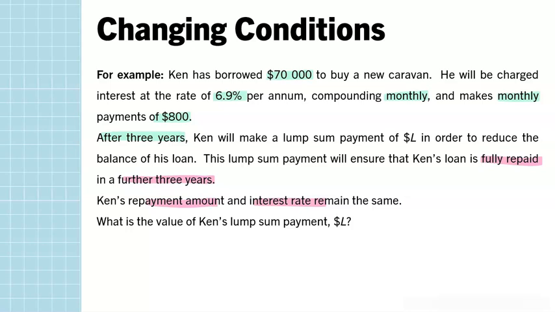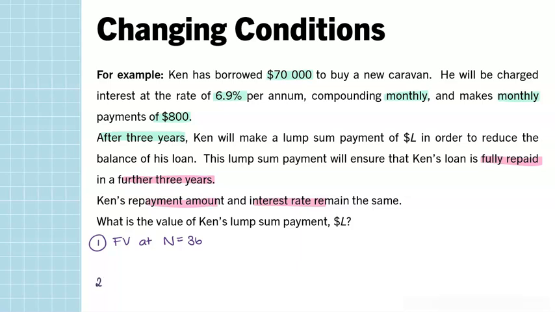Okay, so first let's work out what was the balance at the time that Ken decided to make this lump sum payment. So firstly, what we want to find is what is the balance after 3 years of monthly repayments, after 36 payments.